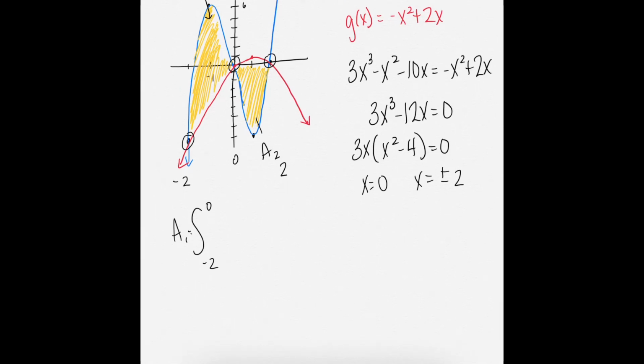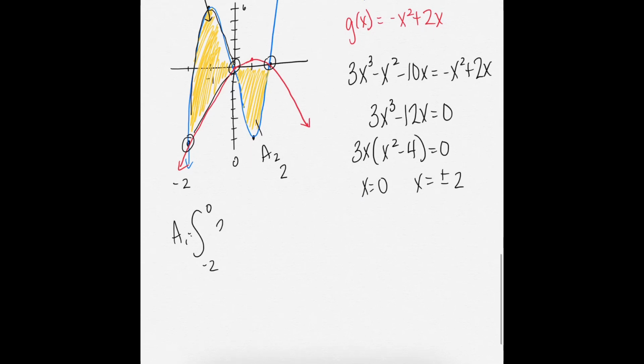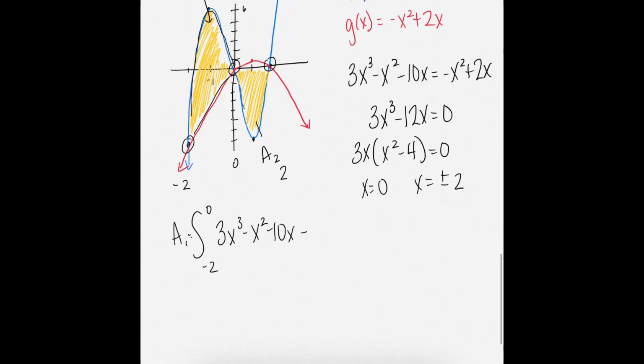Hopefully you recognize what I'm asking. f of x is the upper function, whereas g of x is the lower function. So we're going to take f of x, 3x cubed minus x squared minus 10x, and subtract the lower function. Keep in mind we do need parentheses because we're subtracting the entire function.